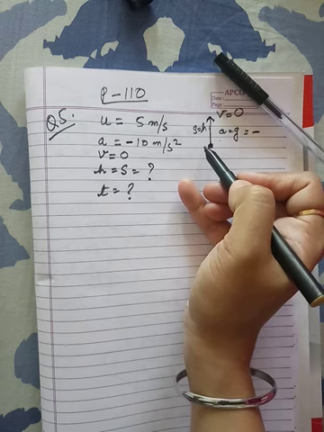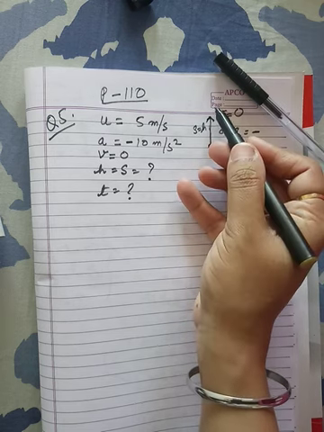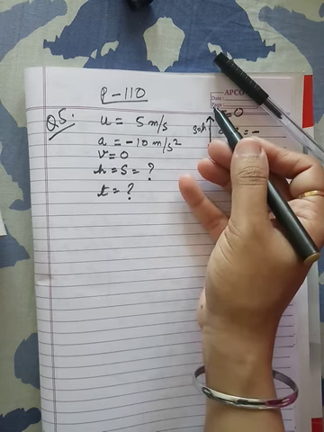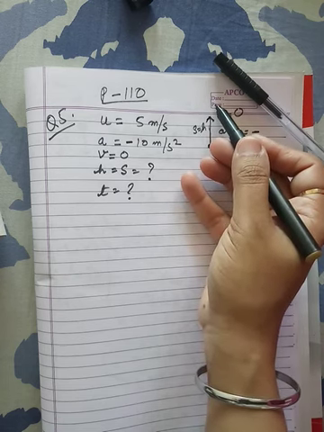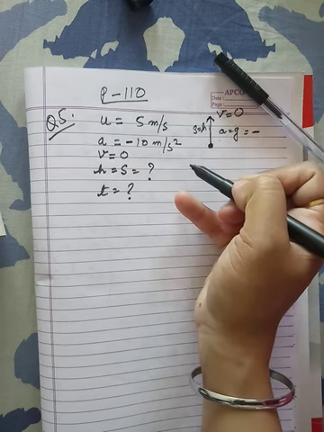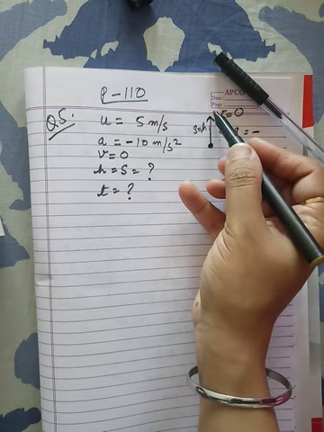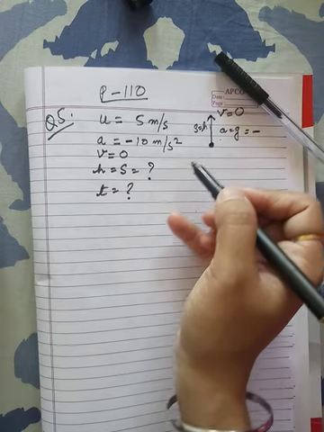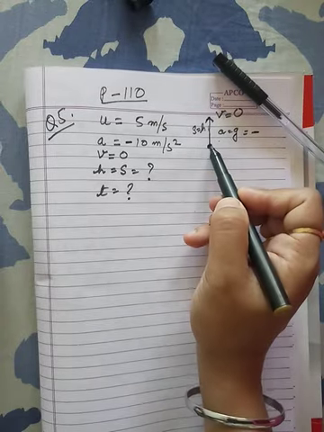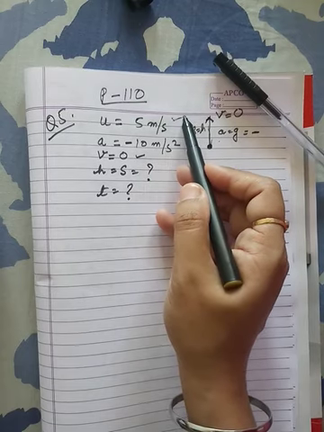In some questions, that case can also be considered, when the object is thrown up and then it falls. After achieving the maximum height, it stops there for a fraction of a second, and then it comes back because of the gravitational force of attraction. The earth attracts that object towards itself. But in this case only one part is given, that the stone is thrown upward and its final velocity becomes 0 with this initial velocity.